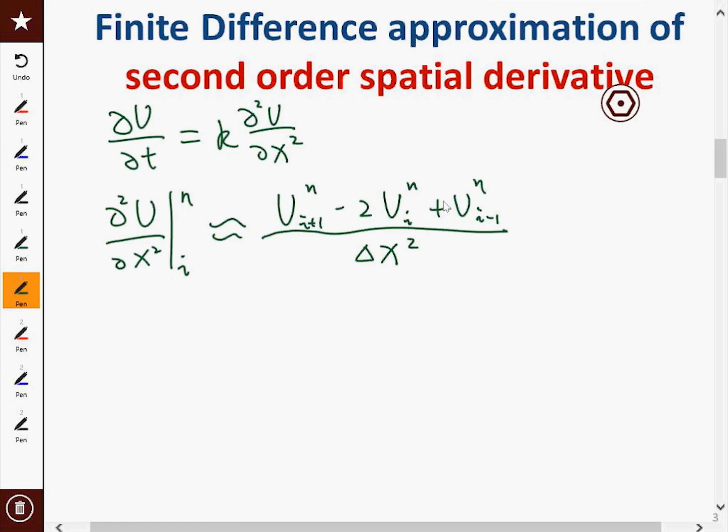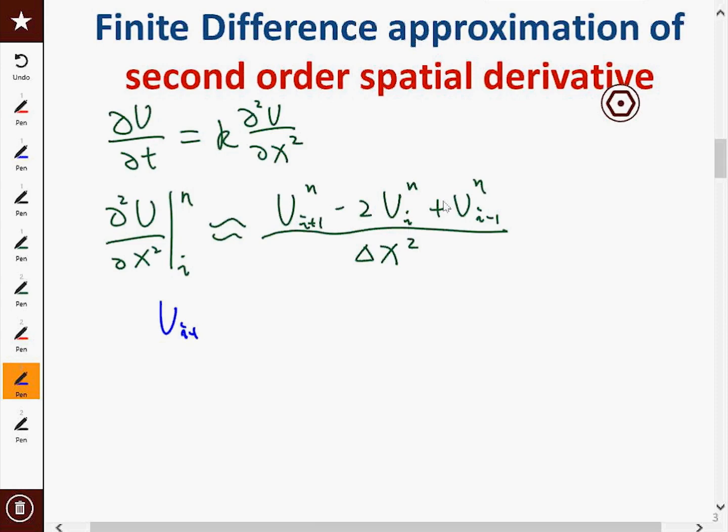We are approximating the second order derivative, and we are only using 3 points: the center, left, and right. Amazingly, this has second order accuracy, very good accuracy.